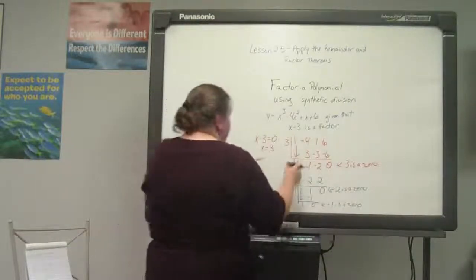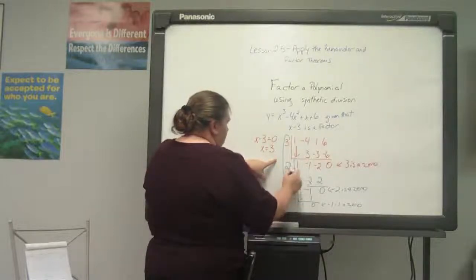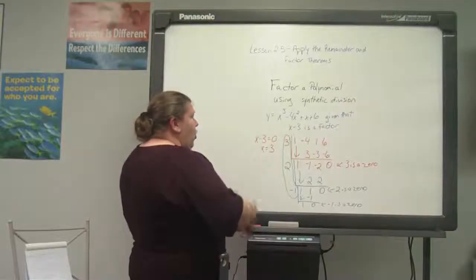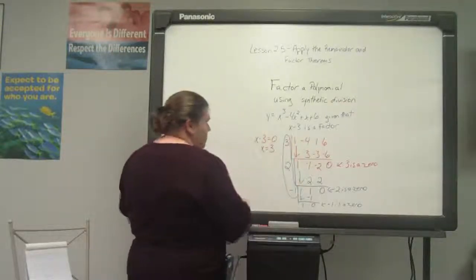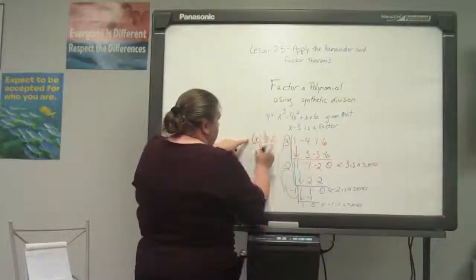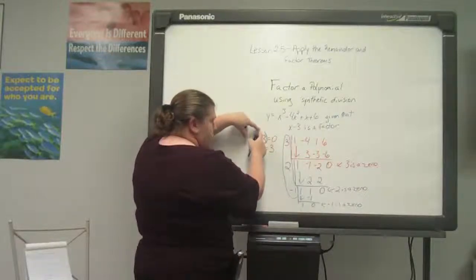All of these are zeros, and so what you can do is rewrite these into factor form. So we already have x minus 3.